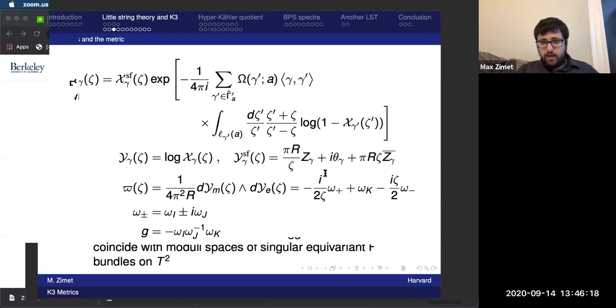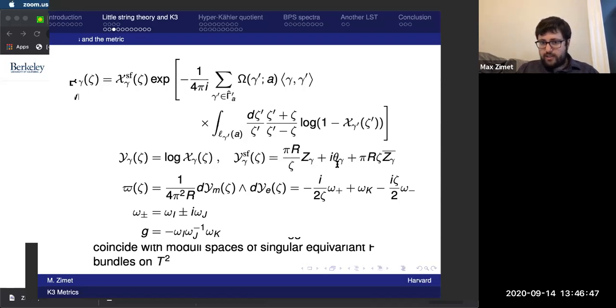So in that limit, one obtains these semi-flat coordinates, and that just comes from the fact that the physical characterization of what these functions are is their expectation values of some line operator wrapping that very large circle. And so in the limit where the size of that circle goes to infinity, the expectation value is just completely classical.